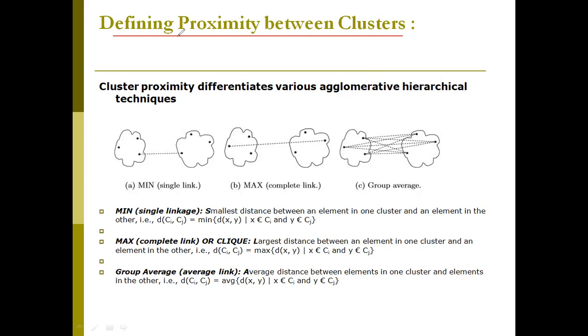That is a proximity measure. The proximity measure is used to find out the distance between the two clusters, in the sense of the similarity, how much one cluster is similar to another. We would know this by using the proximity measure.